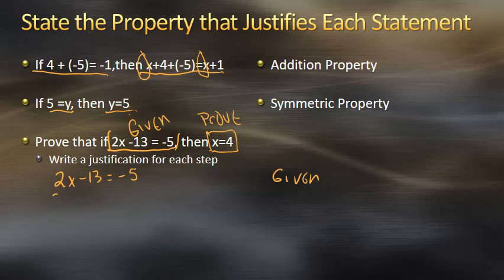Then 2x minus 13 plus 13 equals negative 5 plus 13. You might recognize that that is the addition property. That leaves us with 2x equals 8.